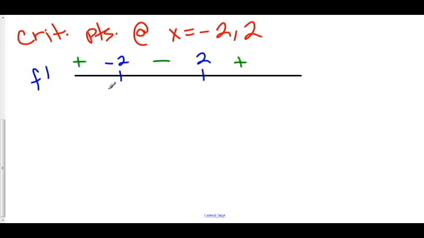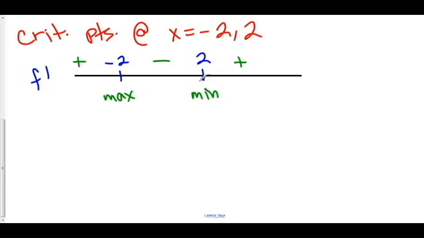Now, we have a local max at x equals negative 2 because f prime is changing from positive to negative at x equals negative 2. Likewise, we have a relative min at x equals positive 2 because f prime is changing from negative to positive at x equals 2.